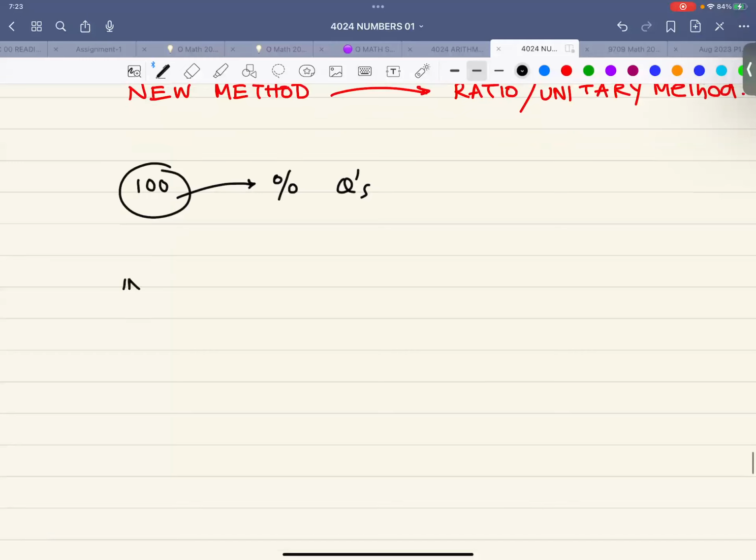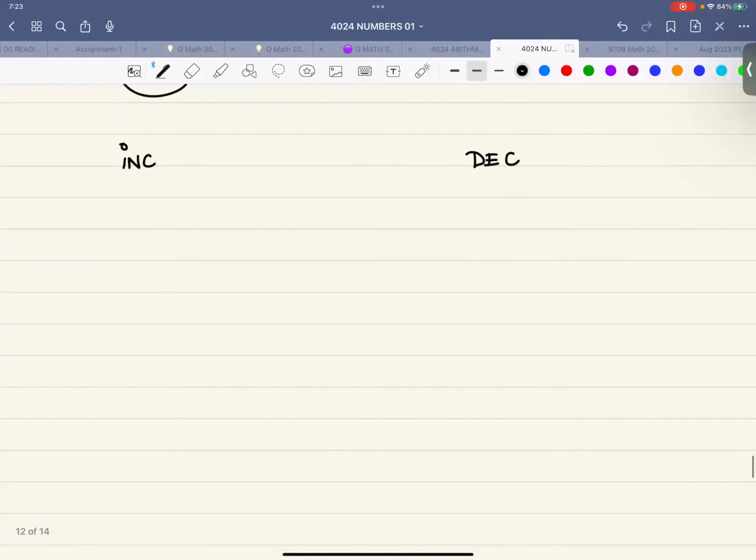If we talk about increase versus decrease, if I'm talking about a 5% increase, then 100% plus 5% becomes 105%. This value becomes 105. That means a value of 100 due to the increase becomes 105.